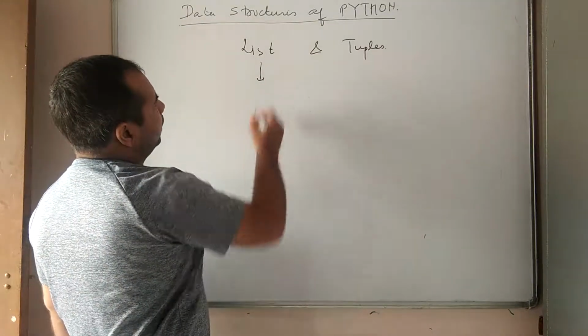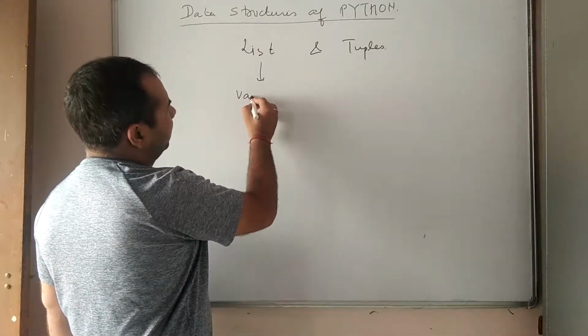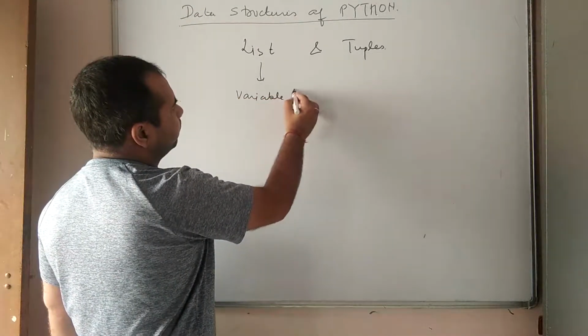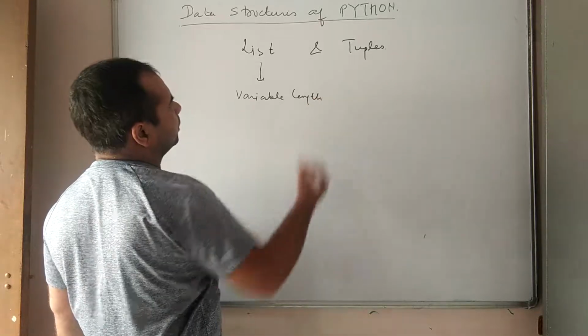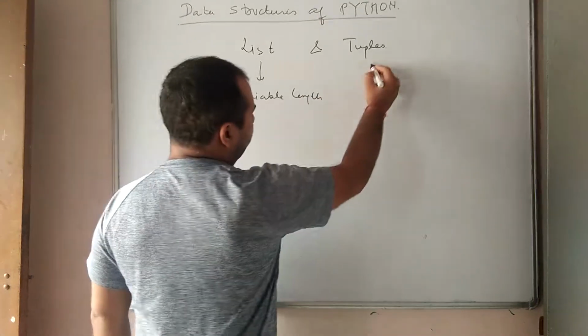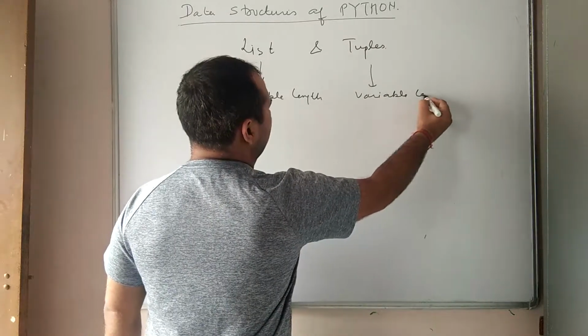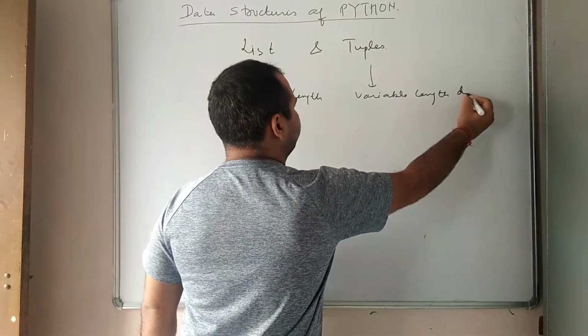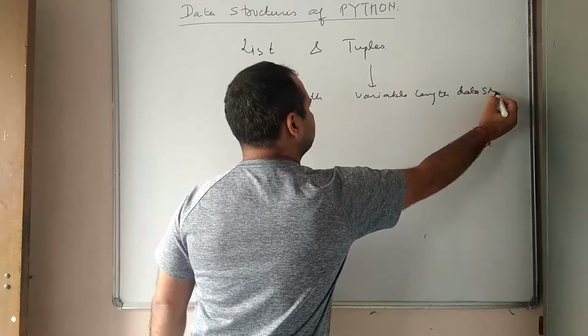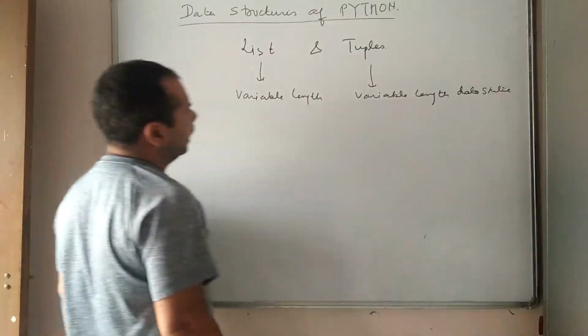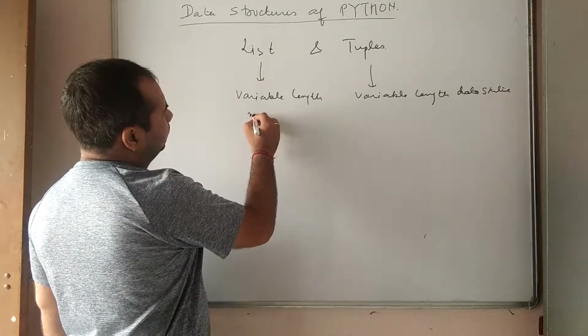Now, what is a list? A list is a variable length data structure. A tuple is also a variable length data structure. A list is mutable.